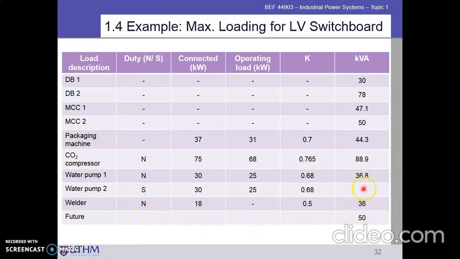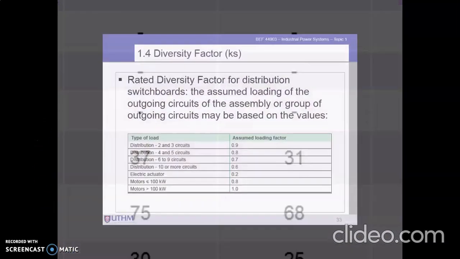The total 50 is for future, for spare, planning for future. So total load on LV switchboard is 461.1 kVA. This one is maybe based on the estimation before we do the actual design.